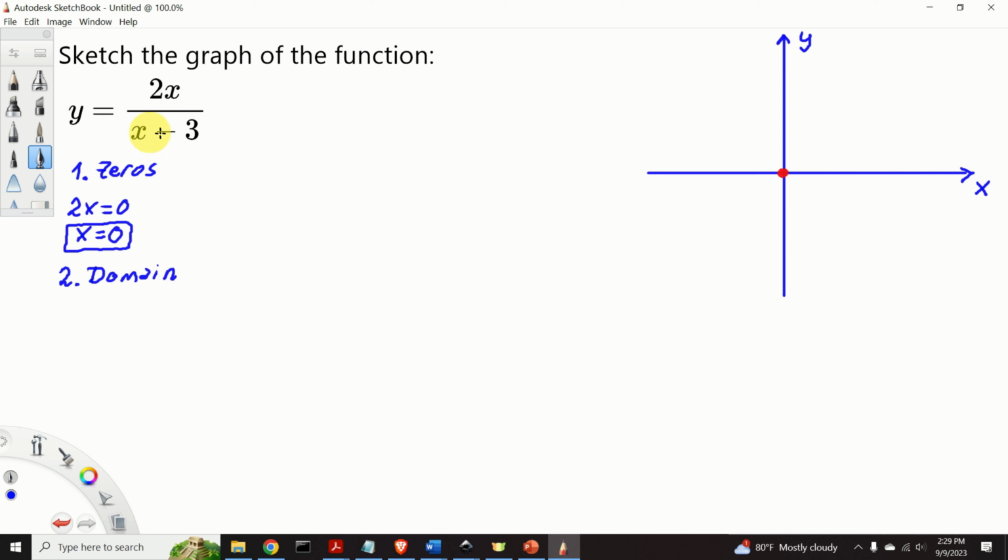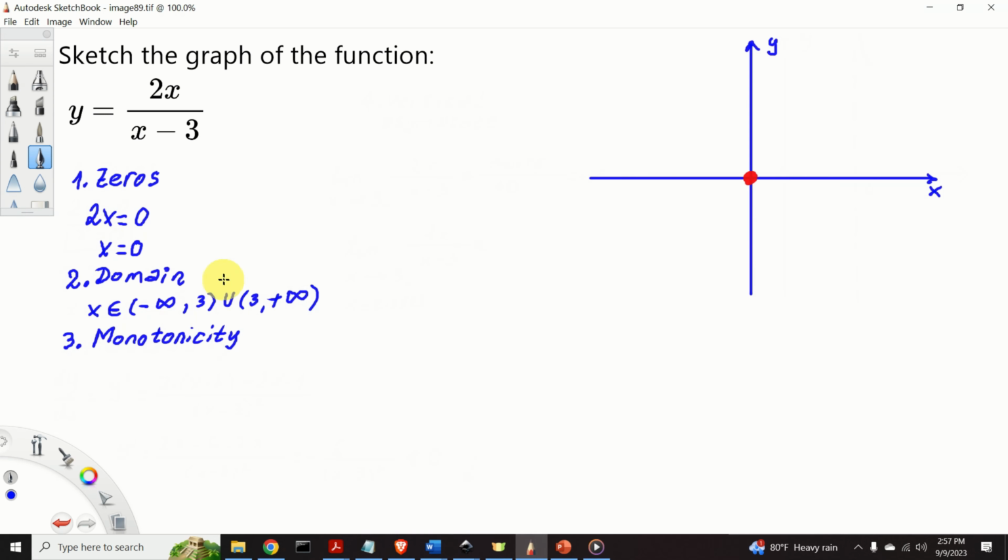Obviously, this function is defined everywhere except at x is equal to 3. Consequently, the domain of this function is x is in the interval from minus infinity up to 3 and not including 3, then union with the following interval, 3 up to plus infinity.